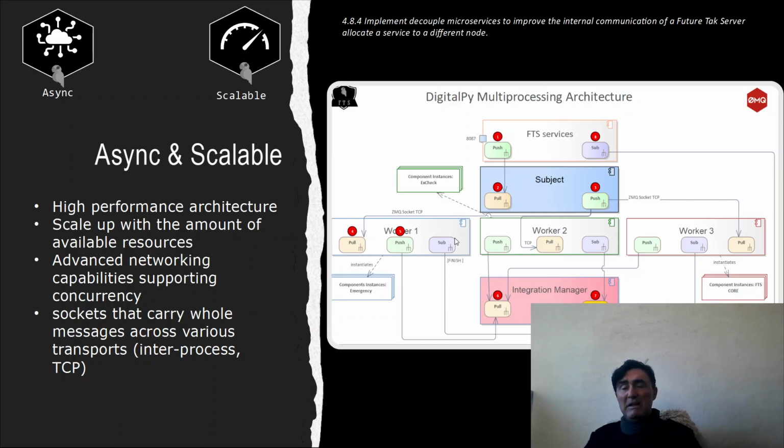FTS is implemented in Python, but for certain nodes we may want to have a high speed implementation like in C or C++ or any other language that is supported by the ZeroMQ framework.